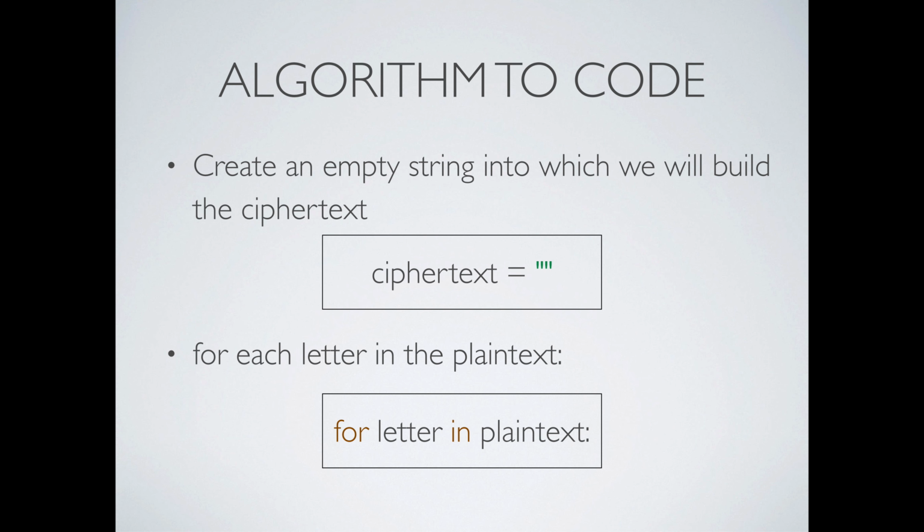In this case, I'm using the loop variable letter because we said we're going to go through each letter in the plain text, so it makes sense to name it letter. Of course, you could name this variable whatever you want, so long as you stay consistent with the rest of your program. And we're going to go through everything in the plain text, because again, the plain text is what we already have. We are encrypting. We are taking the plain text, and we're going to build up the ciphertext.